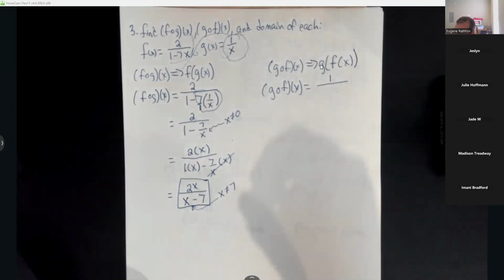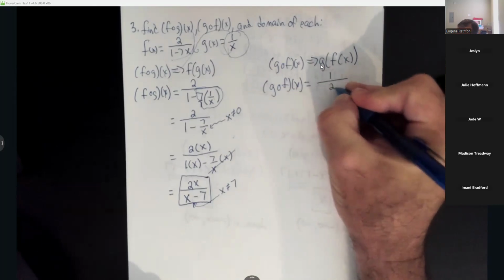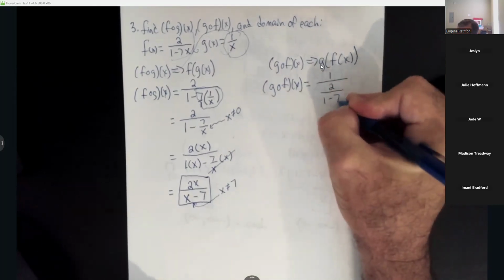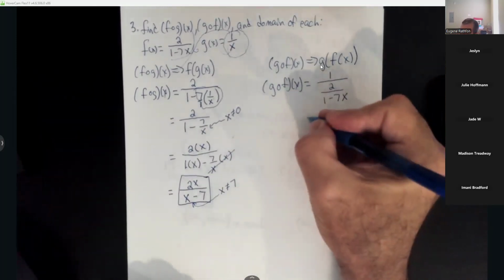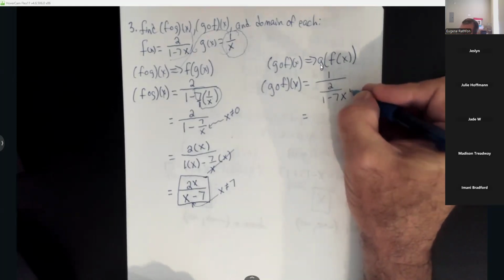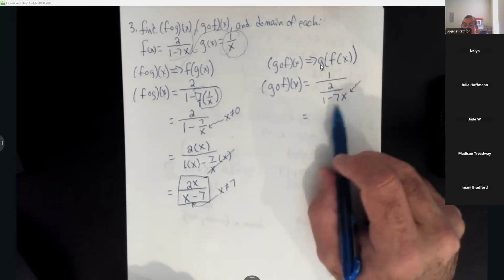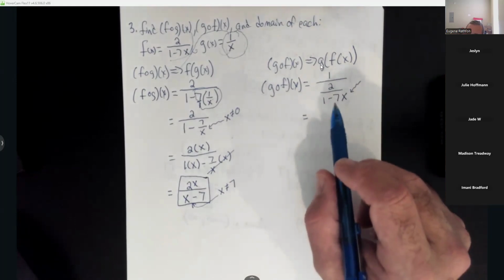All right, so it's 1 over x, but remember my x is this whole function, 2 over 1 minus 7x. All right, so in a little bit, we're going to figure out what this x cannot equal right here, because it's in the denominator of the fraction, right? So we'll find out what that x cannot equal in just a second.